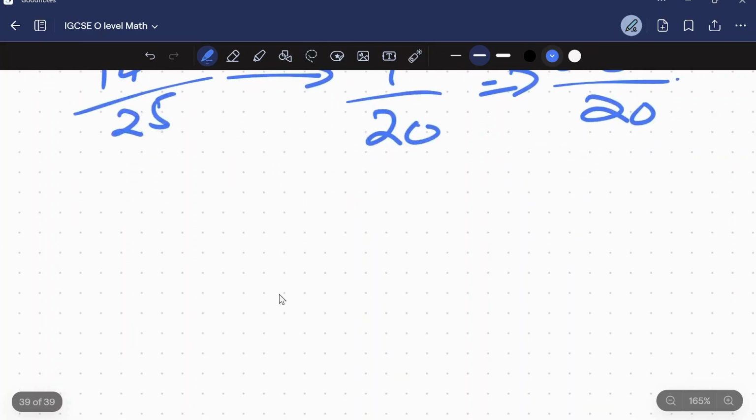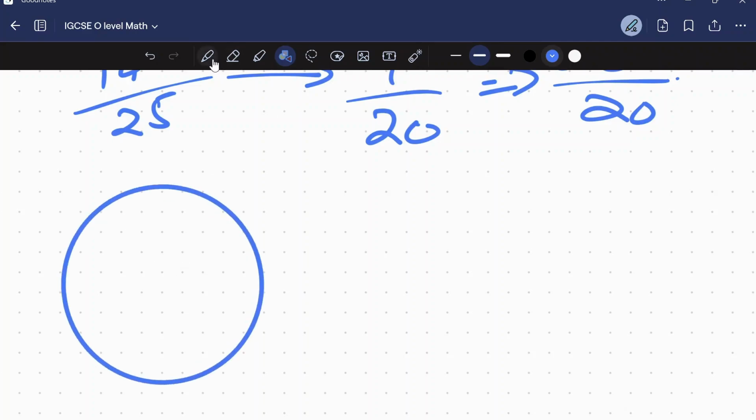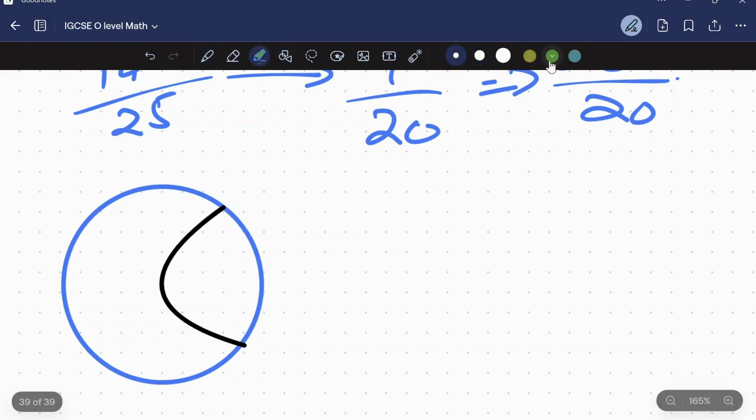For example, there is a group of students, and among this group this is representing the number of females, and this is representing the number of males.